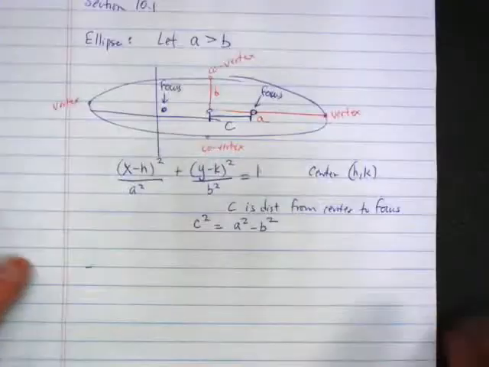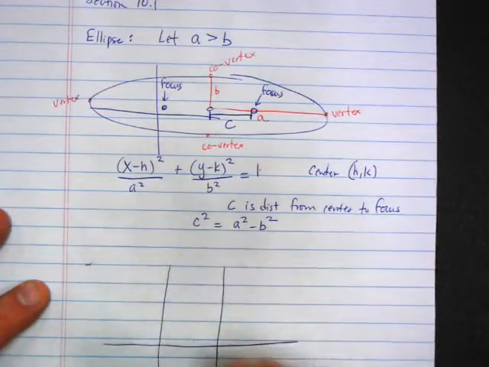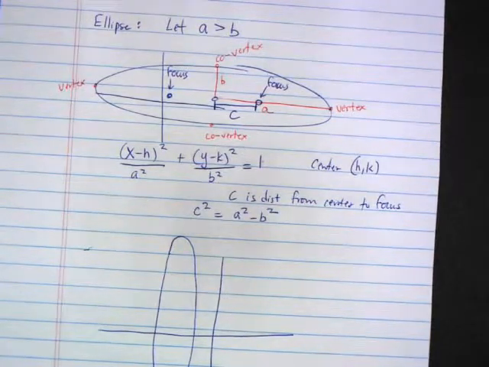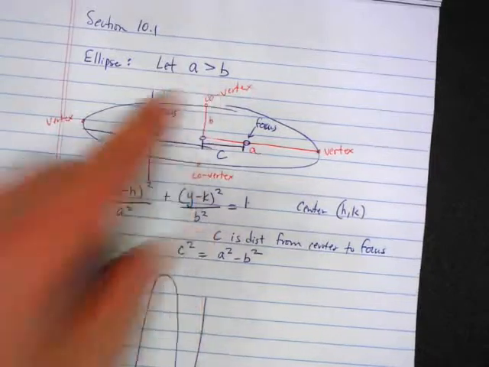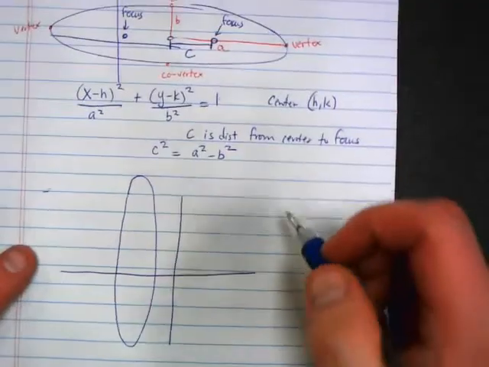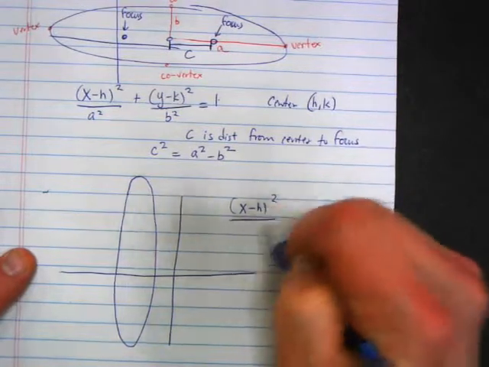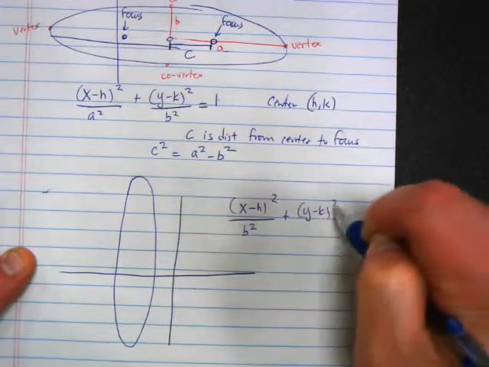How do things change if your ellipse is tall and skinny? B's greater than A. Well, notice that I said A is always going to be bigger than B. So when you're tall and skinny, you're going to have (x minus h) squared over b squared plus (y minus k) squared over a squared.